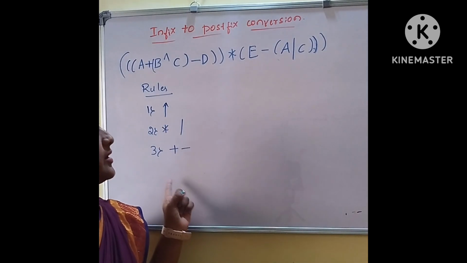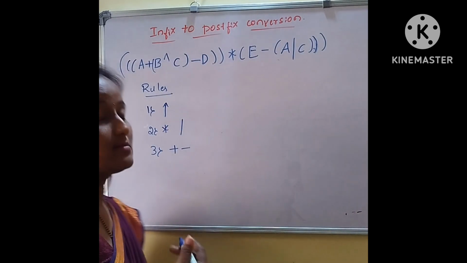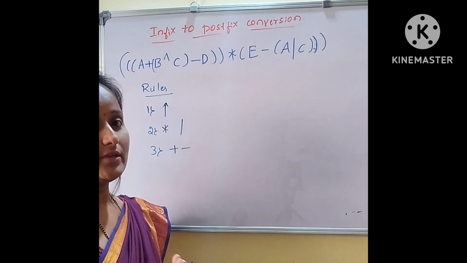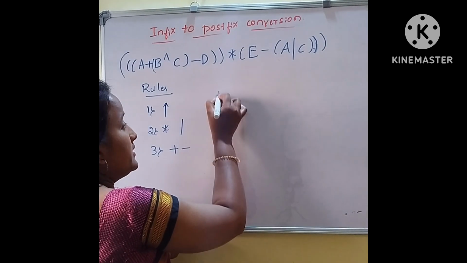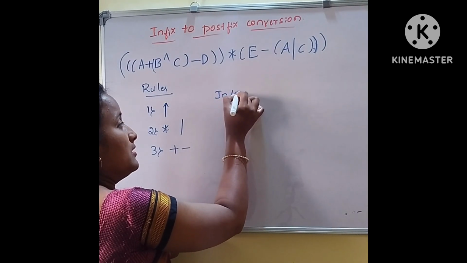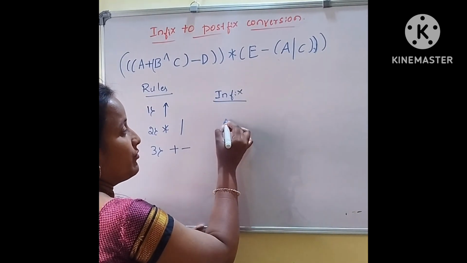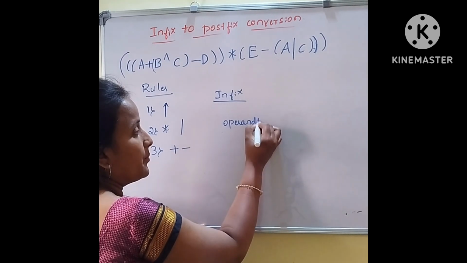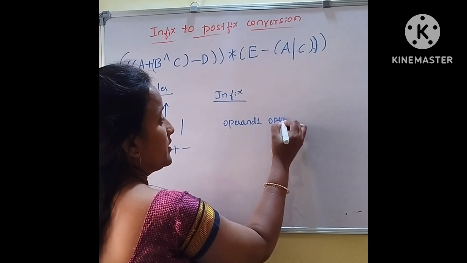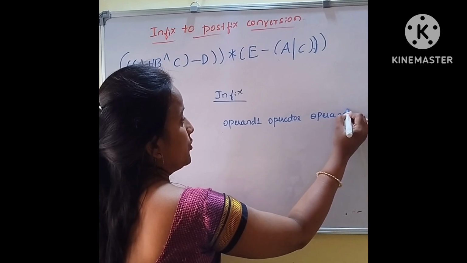Before coming to convert this infix to postfix, we'll see what the syntax for infix is and what the syntax for the postfix expression is. The infix syntax is: the first one will be operand 1, next is the operator, and next is operand 2.